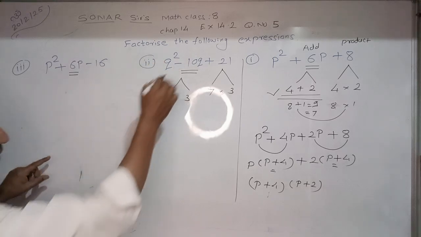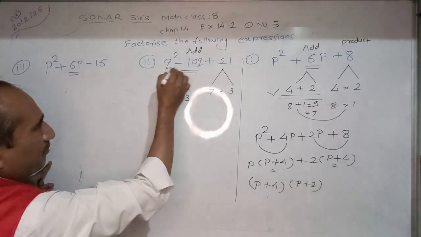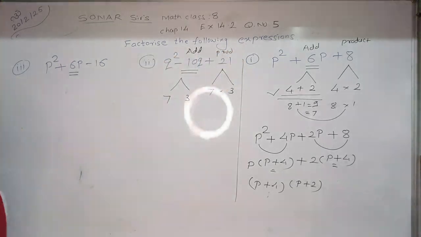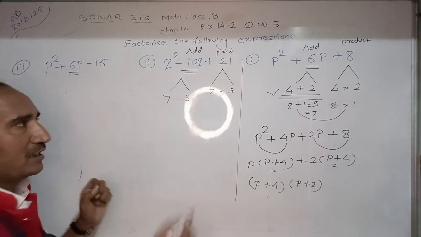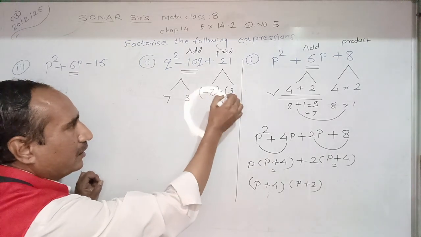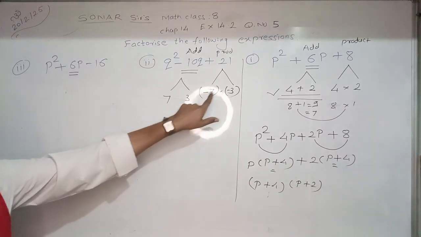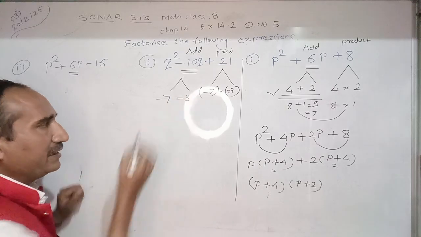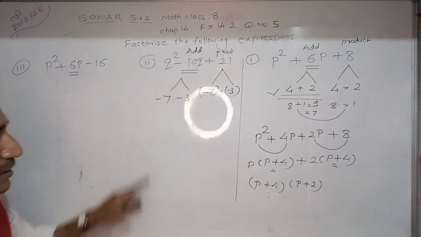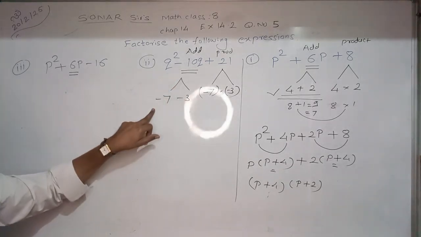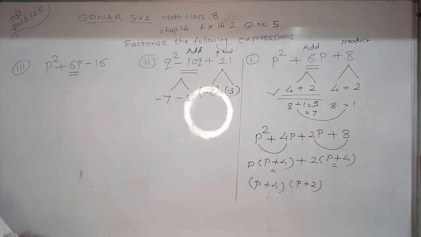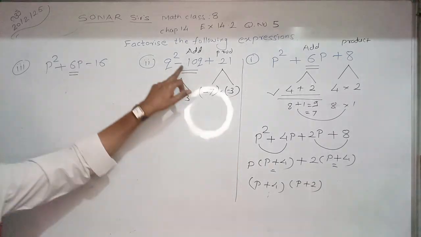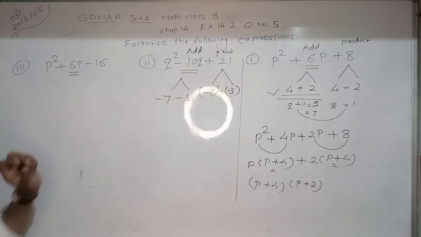But we want here the addition as minus 10 and the product as plus 21. So one more rule of multiplication, minus 7 into minus 3. Minus into minus becomes plus, and for minus 7 minus 3, the rule for addition is same sign, so minus 7 minus 3 becomes minus 10. We cannot change any of the signs. If we change any of the signs, this condition will not be satisfied.